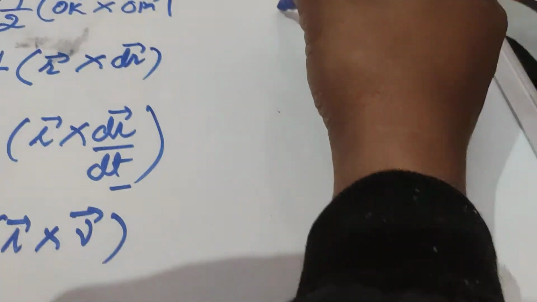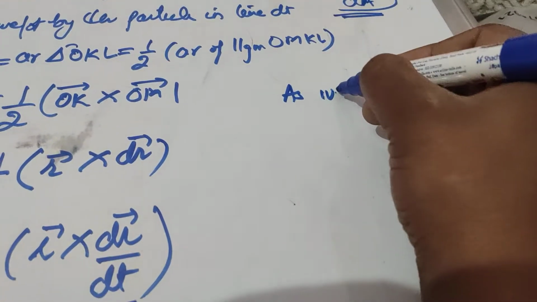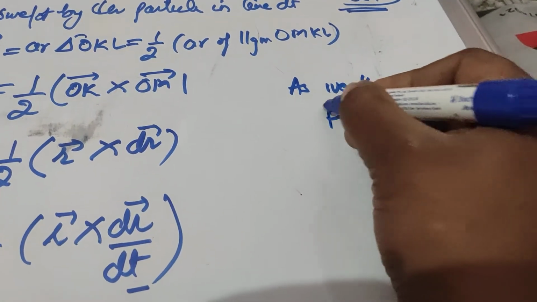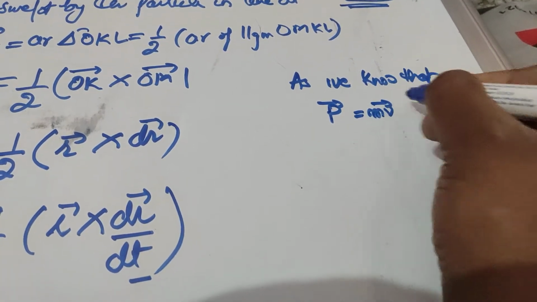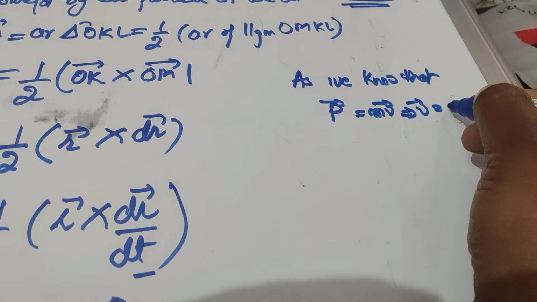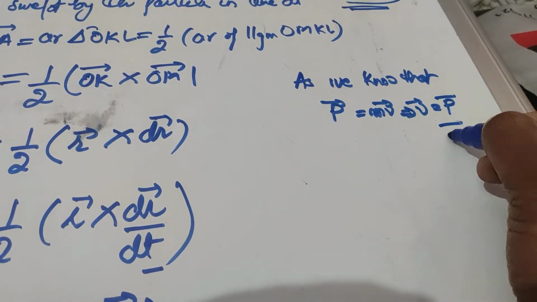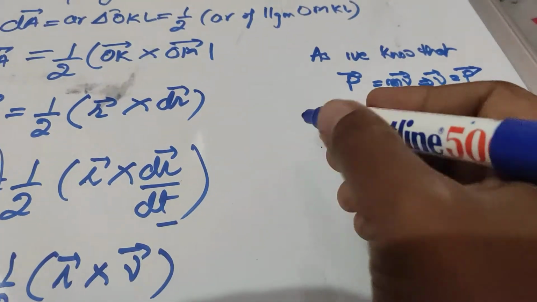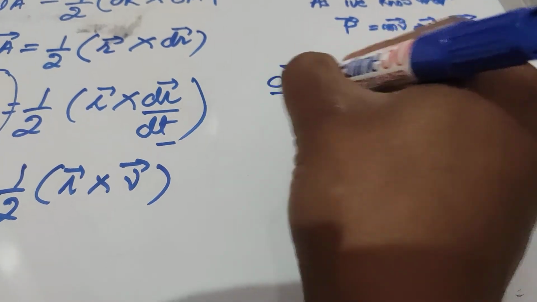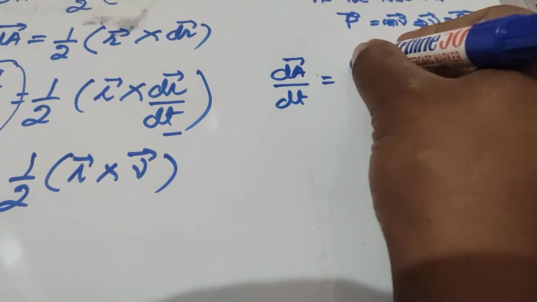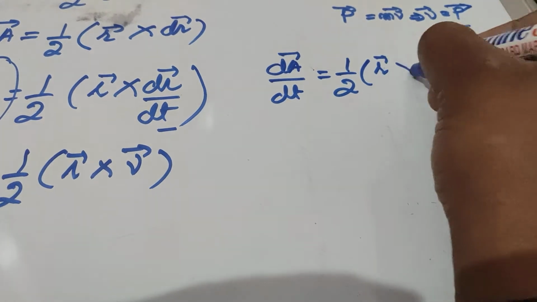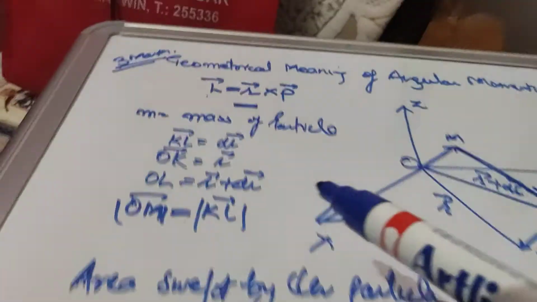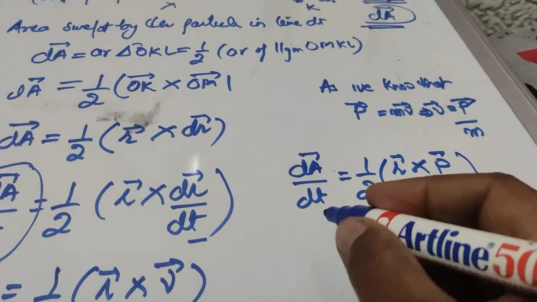तो as P, that is momentum, equals to mv, so your v equals to P upon m. सो यहाँ इस इक्वेशन में पुट करेंगे तो वी हैव dA upon dt इक्वल्स टू हाफ as it is r क्रॉस p अपॉन m. सो r क्रॉस p, so r cross p is L, that is angular momentum.